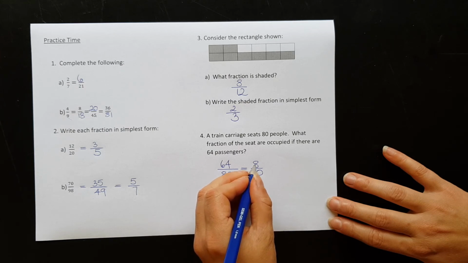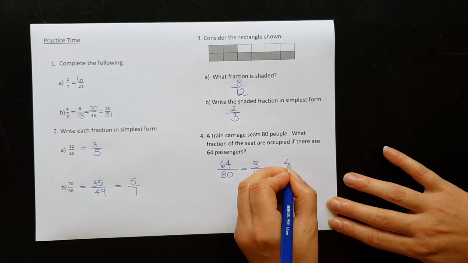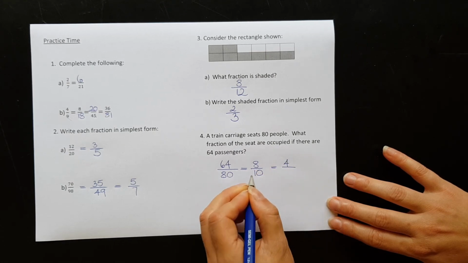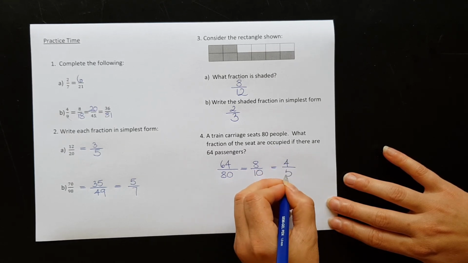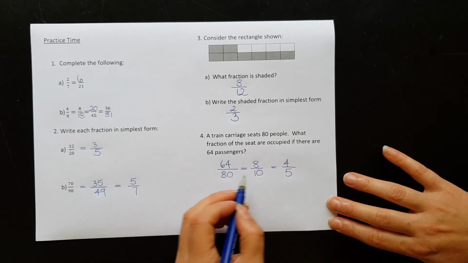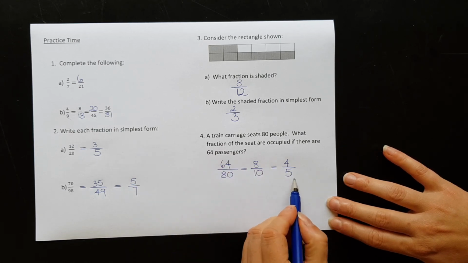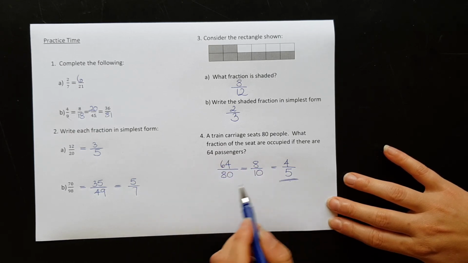I could divide that by 2, top and bottom. 8 divided by 2 is 4, and 10 divided by 2 is 5. So 4/5 of the train carriage is occupied. You might have simplified that with some other numbers, as long as you're getting to this same simplified answer at the end.